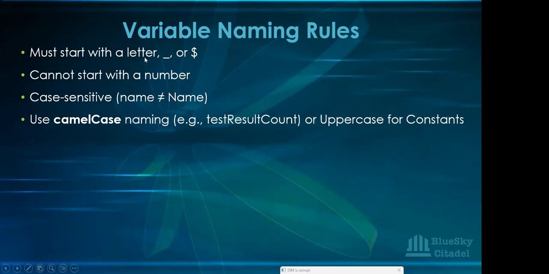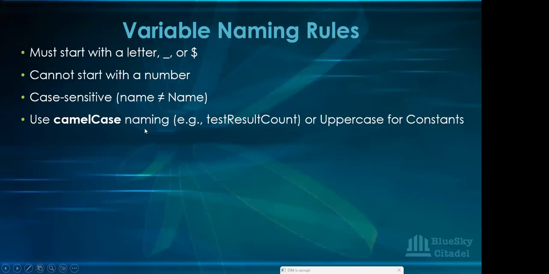But for JavaScript, you can use any of the three to start your variable name. Then you cannot start with a number. And it is case sensitive. So name doesn't equal NAME. If we declare a variable with a small letter name and we declare a variable with NAME, they're not going to be equal to each other.